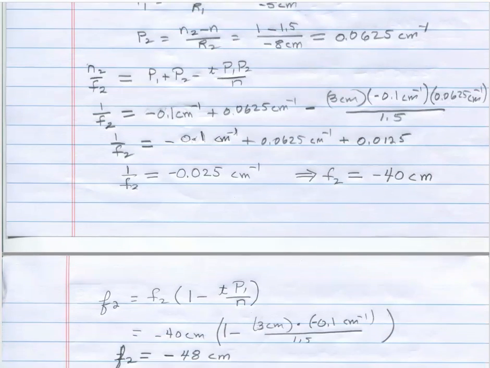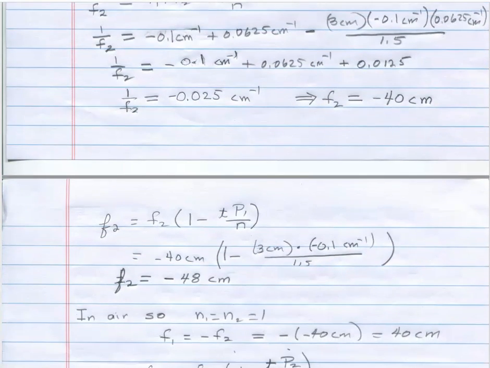From that, we can get the script F2, the back focal length, and that's just F2, the focal length, minus T times P1 over N. We plug in thickness T, P1 we calculated as minus 0.1, divided by N, and we get script F2 as minus 48.